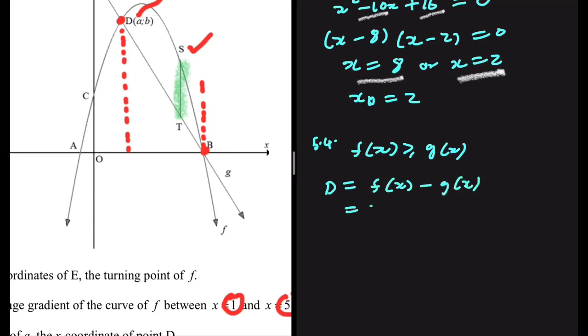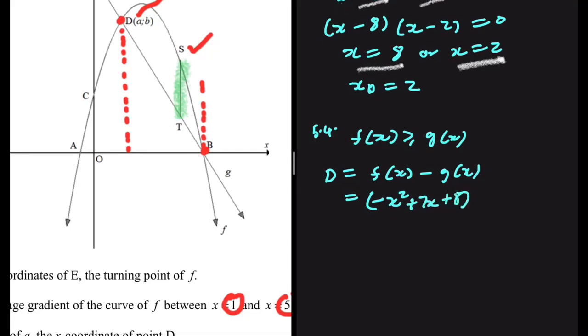So what is f of x again? Minus x squared plus 7x plus 8 minus g of x. G of x is minus 3x plus 24. So let's go ahead and solve this.